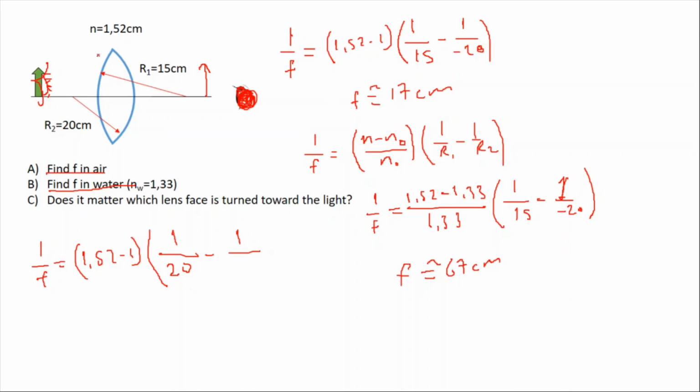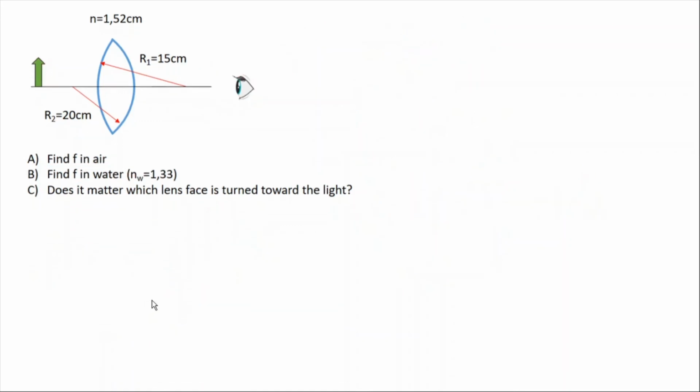Now the object is here and this is the back surface, and its radius of curvature is 15 centimeters, but it is concave toward the object, that's why we are going to write negative 15. So as you see, this negative makes positive. It is similar here, the negative makes positive. Everything is the same. Again, you are going to calculate f to be approximately 15 centimeters again.